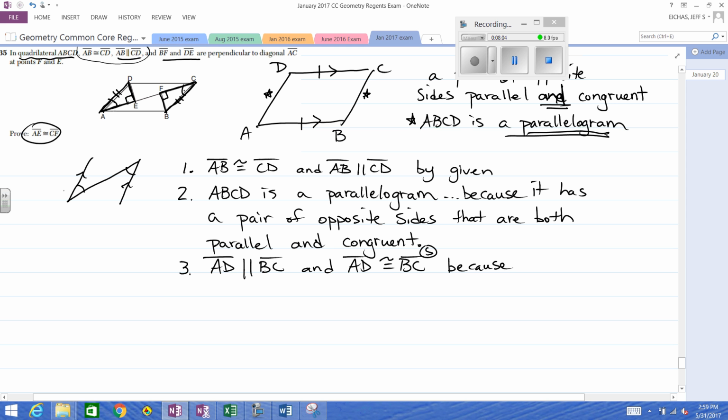We're going to use the parallels to get a pair of angles later. So we do have to say this again, because it is a different pair of sides, because opposite sides of a parallelogram are parallel and congruent.